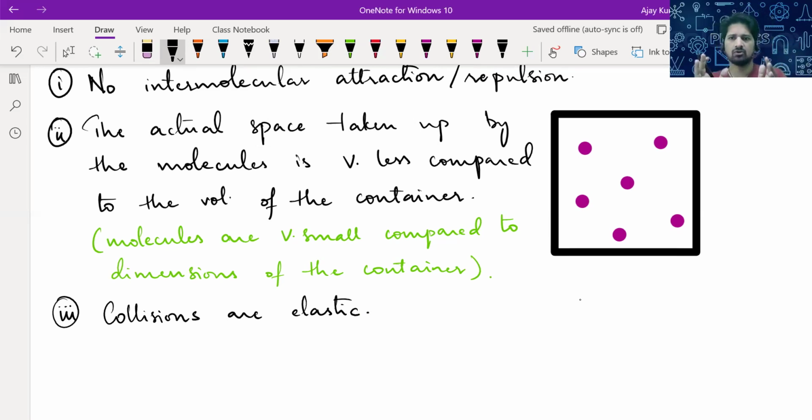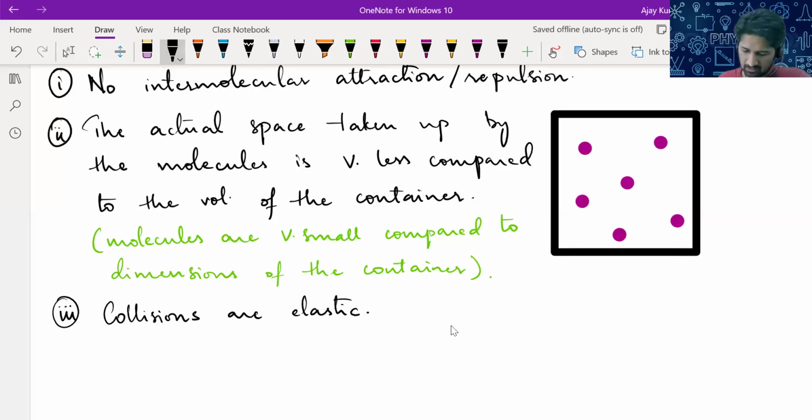If two objects undergo a collision, there will be deformation happening, and there will be restoration also happening. So, in an elastic collision, complete restoration takes place. So we assume that collisions of ideal gas molecules, be it with other molecules or with the walls of the container, are elastic in nature.